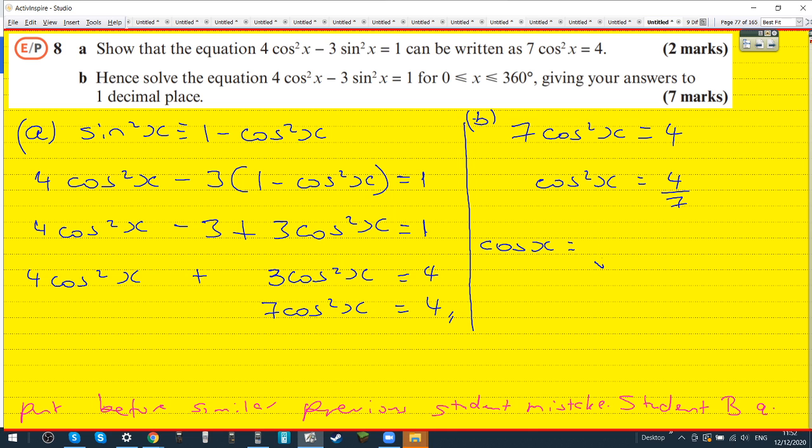Yeah. And then you do the positive one first. Okay. So it'd be cos x equals square root of 4 over 7.